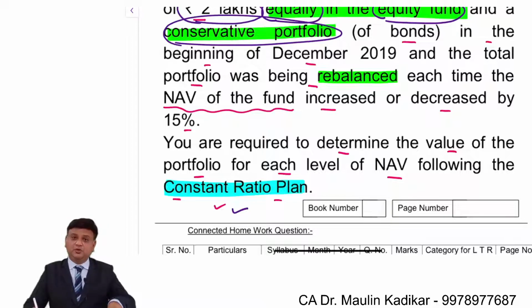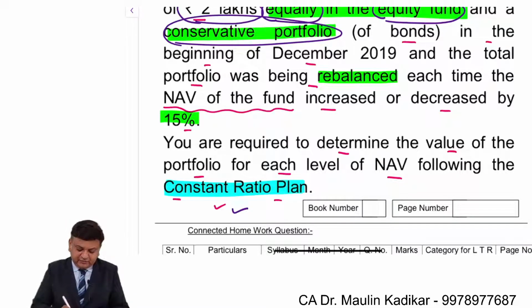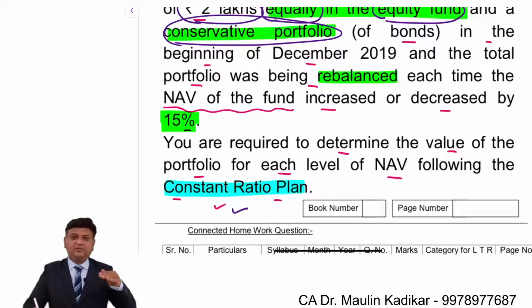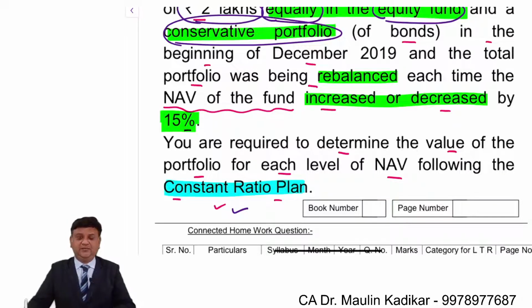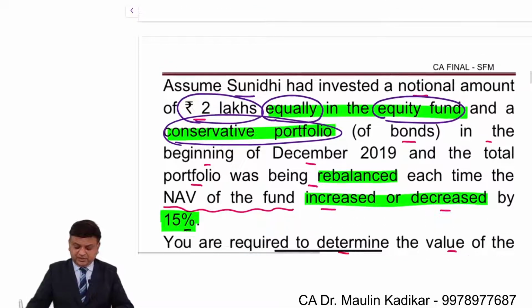The answer is no. She is going to reshuffle the portfolio only if the percentage change in the NAV is more than 15 percent. It might have gone up or it might have gone down. In either case, if the percentage change in the NAV exceeds 15 percent, she is going to reshuffle the portfolio so that the amounts in equity and debt are equal.